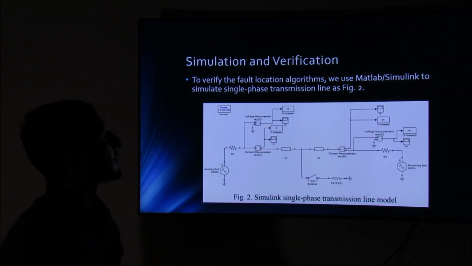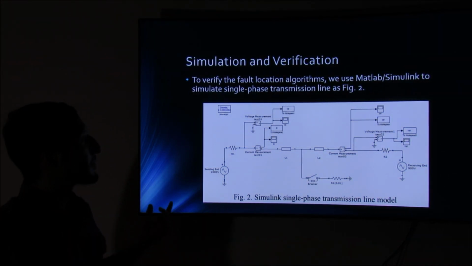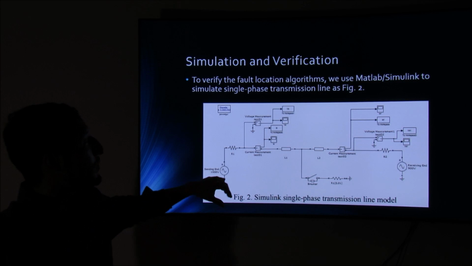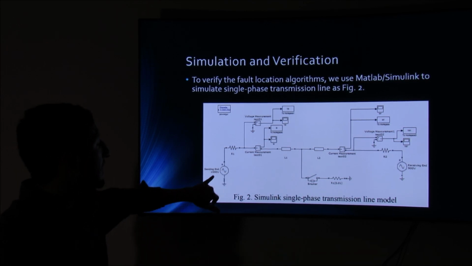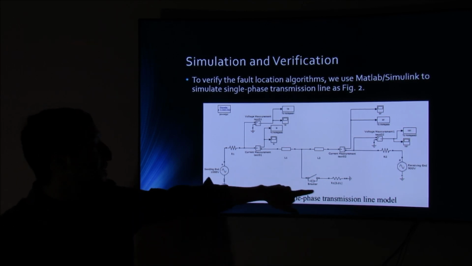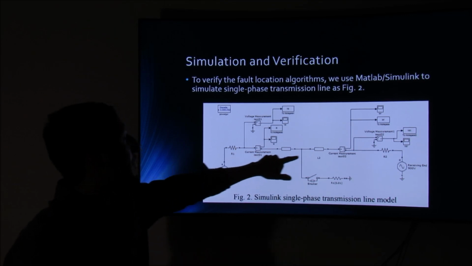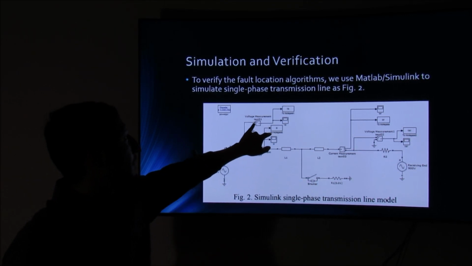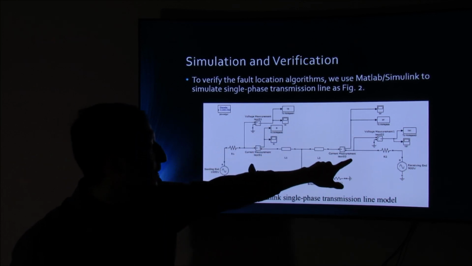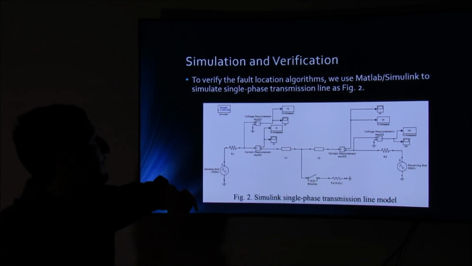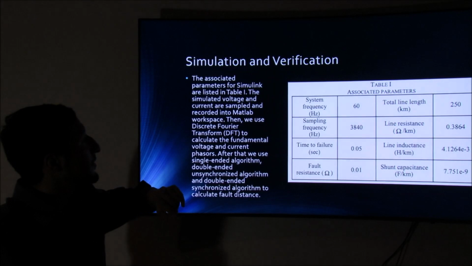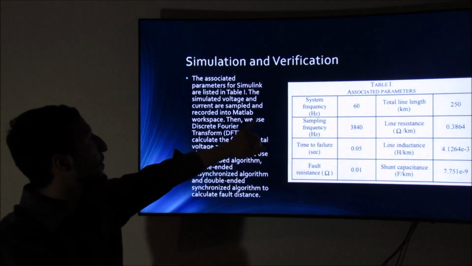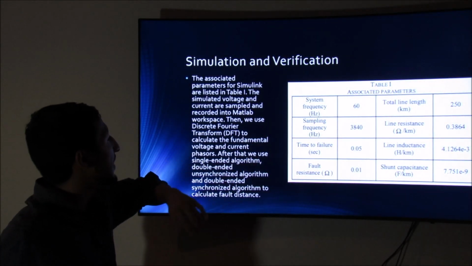Here they are using Simulink to model the transmission line. You have your sending end, your receiving end, and throughout the transmission line you have your measurements. As you can see, these are the parameters that they inserted into MATLAB.